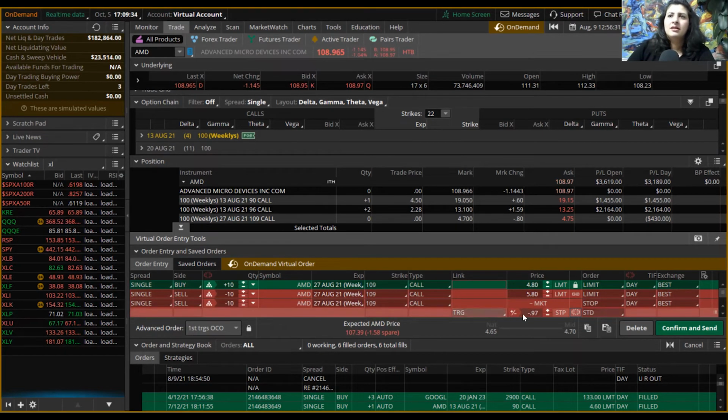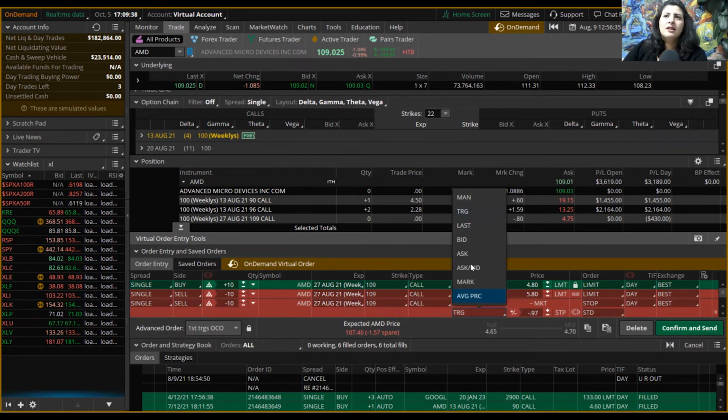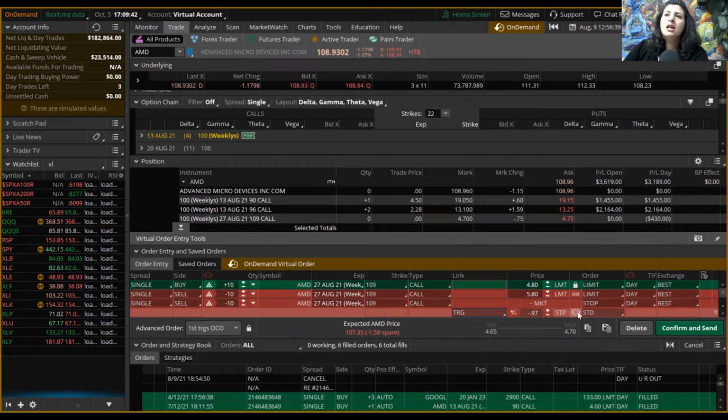I don't think you can see trailing stop when you are doing on demand. So here, I had to unlock it. Okay, it's not letting me see it. Oh, there's the percentage trigger.